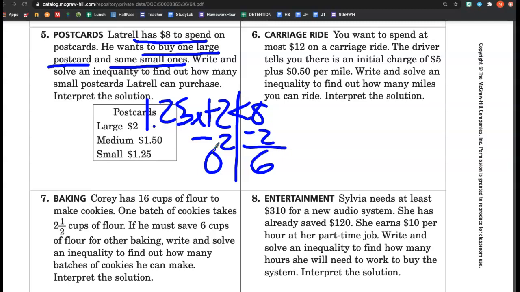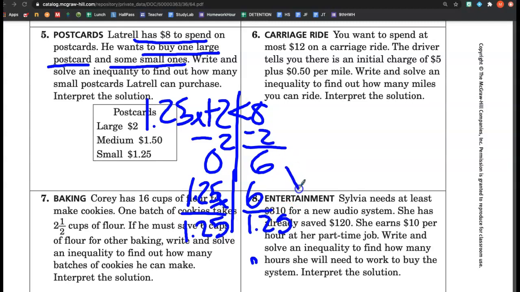Bring down your $1.25. Put your x with your 1.25. Okay, so then you would divide by 1.25. And then you would get x is less than 4, right?